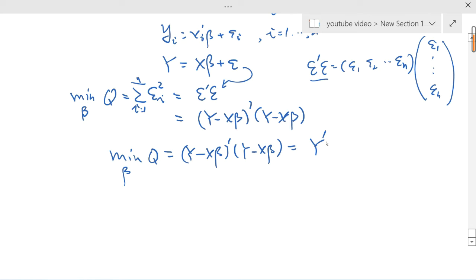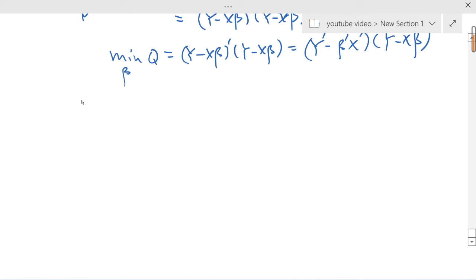This is y prime minus beta prime x prime, times y minus x beta. The first order condition: differentiate the quantity Q with respect to beta. dQ over d beta is a k by 1 matrix.